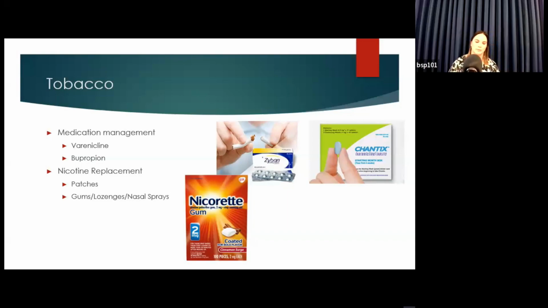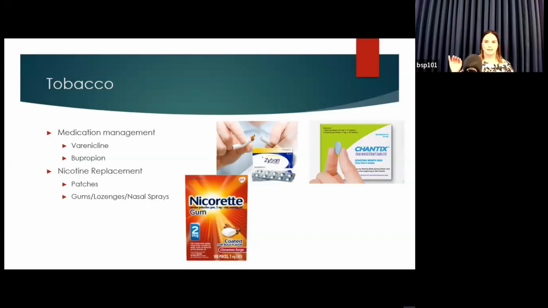So we really need to be offering people effective treatment. So really, I think you should be offering all patients either varenicline or Chantix or bupropion. The brand name is Zyban when it's being used for tobacco cessation. These medications greatly improve people's chances of quitting.